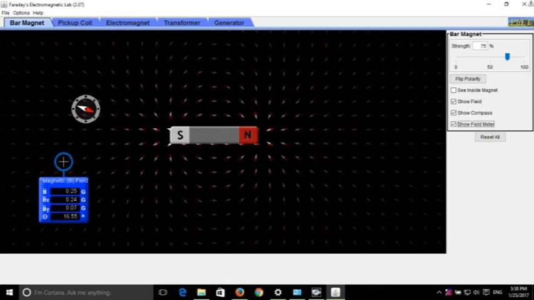If you mark all those directions, that gives you the field direction at that particular point. So all these lines of force start from the north pole and end at the south pole, and this you find outside a magnet.